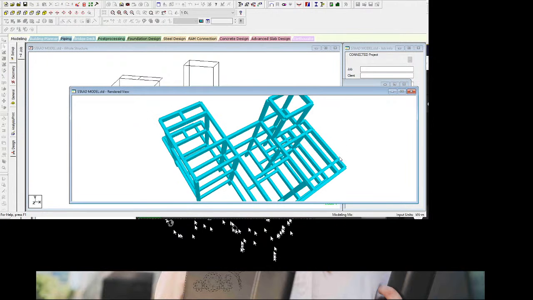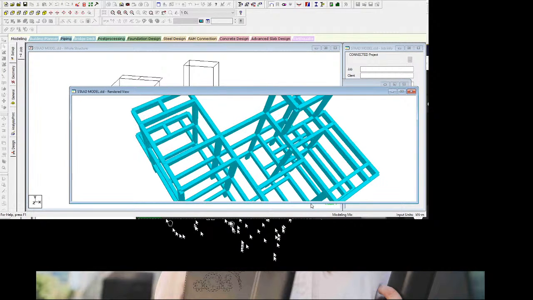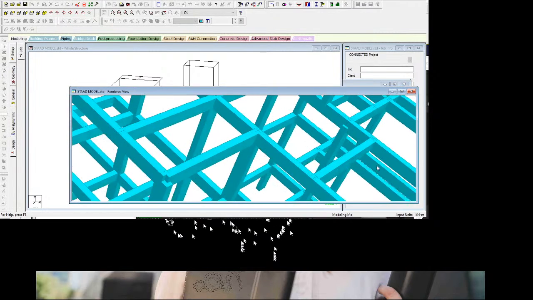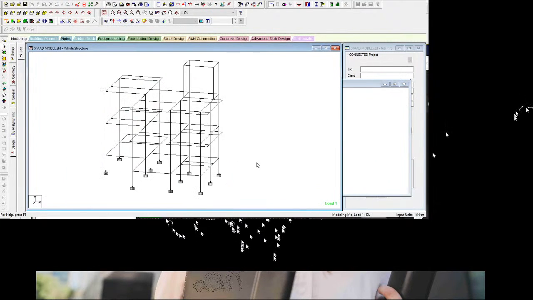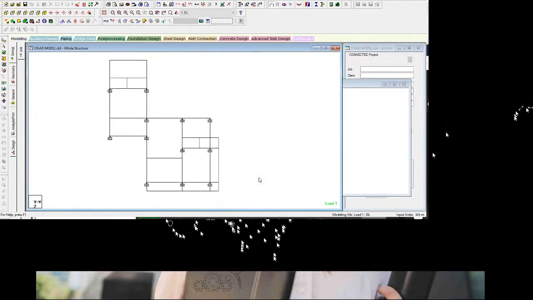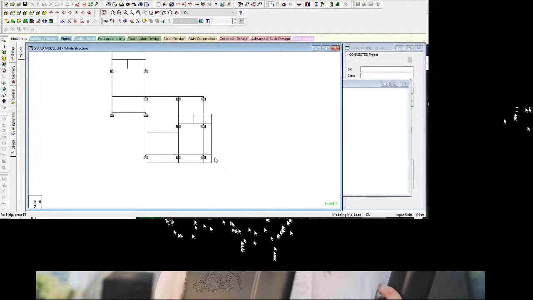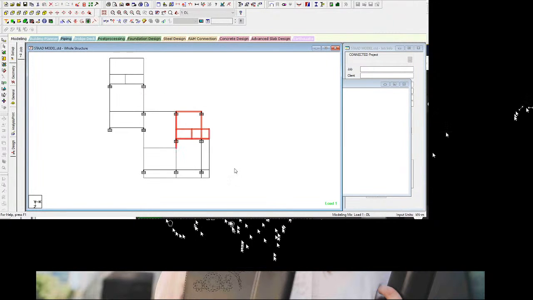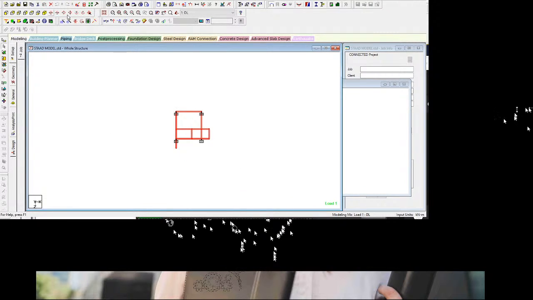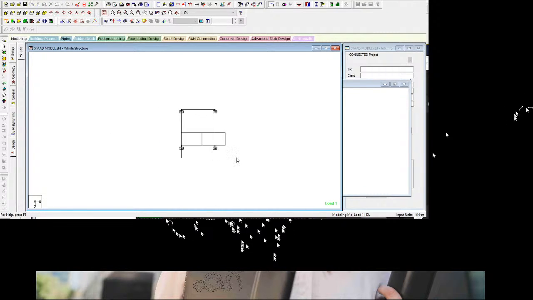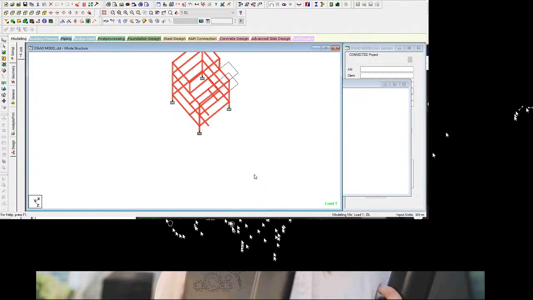This is a staircase. Then what happens? I will take only this particular part, so it will be easy to understand.